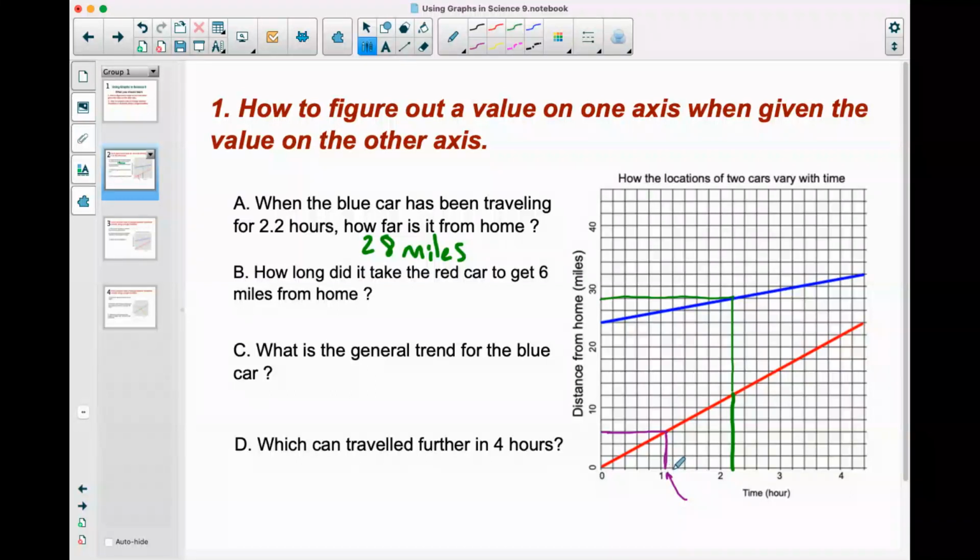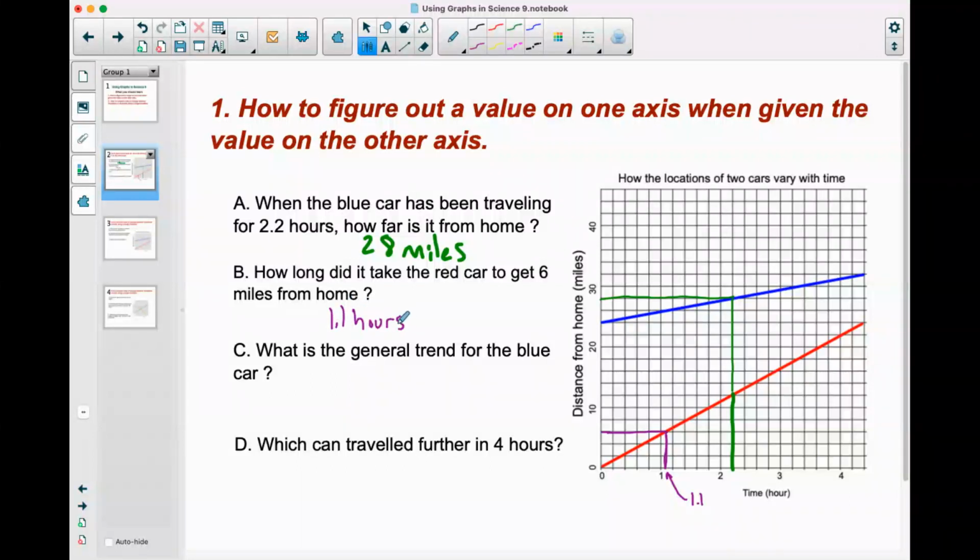Here's 1, 1.2, 1.4, 1.6, 1.8, 2. So this value here is actually 1.1. And so the proper answer here is 1.1 hours.